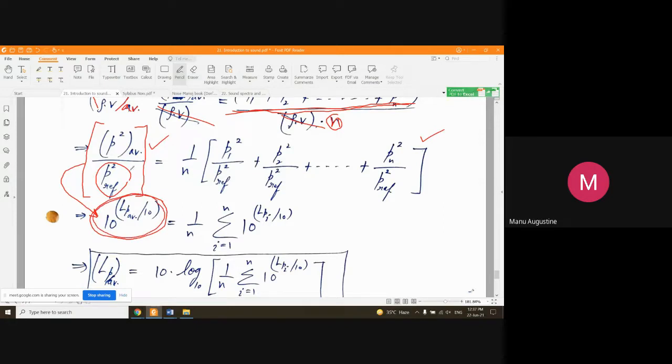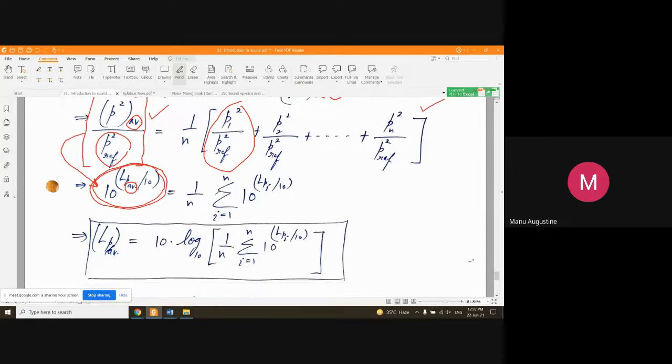Since on the left hand side we are talking about the average pressure values, this will be LP average upon 10. And on the right hand side, individual values are there. So in the summation, I simply introduce a counter I and I write 10 raised to LPI by 10, summation, 1 upon n.